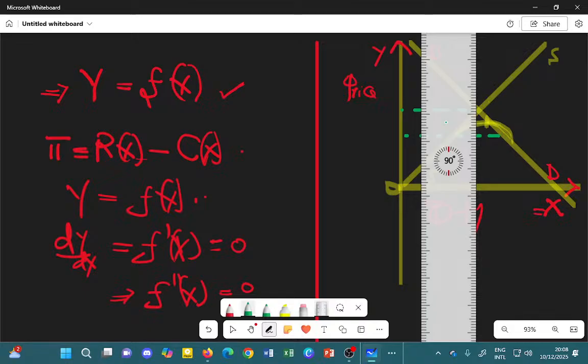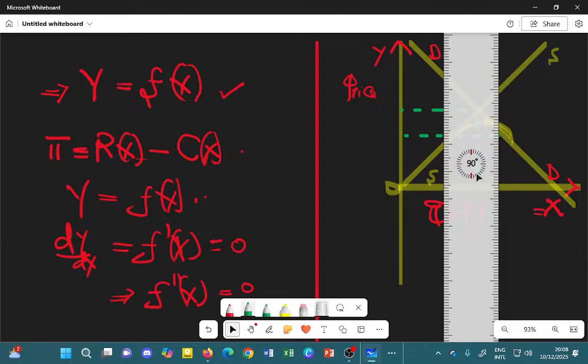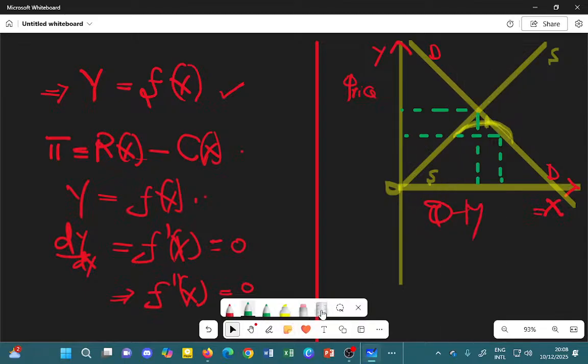I bring my ruler again, and drop it again. Yes, now that's it.